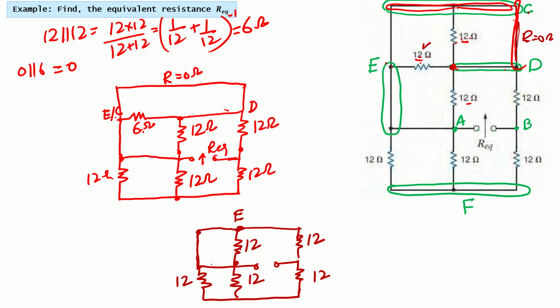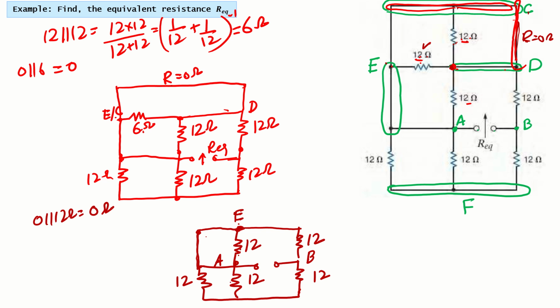So this was point A. This 12 ohm is connected between A and E, and between A and E we also have a simple straight line. So again 0 ohm parallel with 12 ohm, so that will become 0. So it means this 12 ohm is also shorted, right? This 12 ohm will also be shorted.